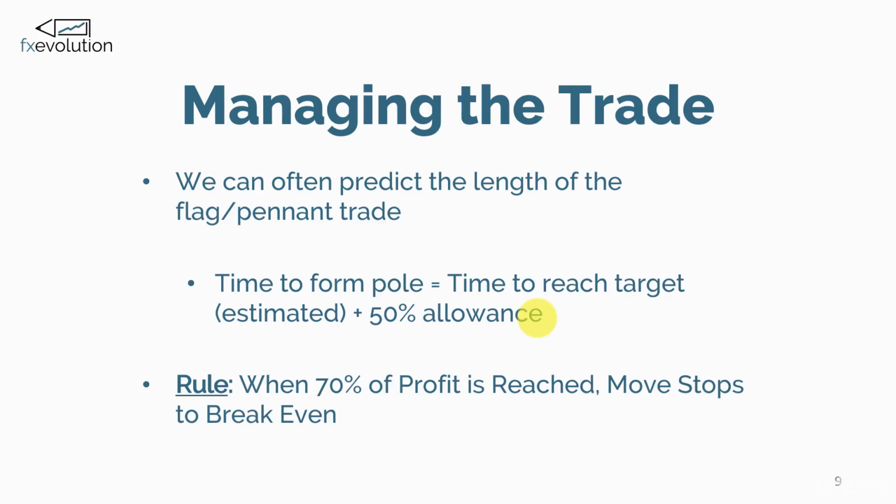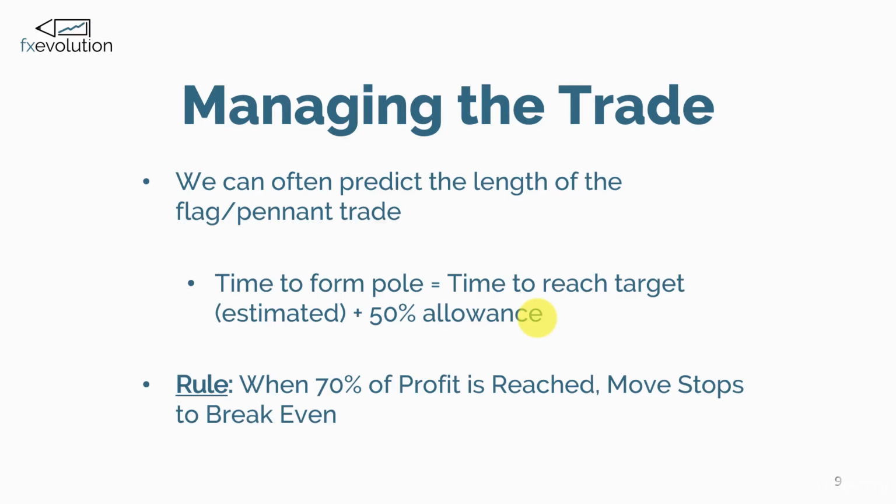To put this in as an example, if it took 10 hours for the breakout to occur and then reach the new high, so 10 hours to form our A flagpole, it should take 10 hours plus 50%, so 15 hours, for the next, or B, flagpole to occur. This gives us very hard, fast rules when it comes to taking profit and also knowing how long it should take. And it's a very powerful tool when it comes to technical analysis trading.